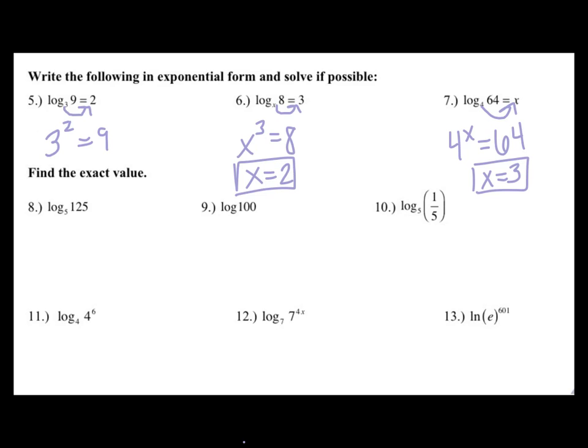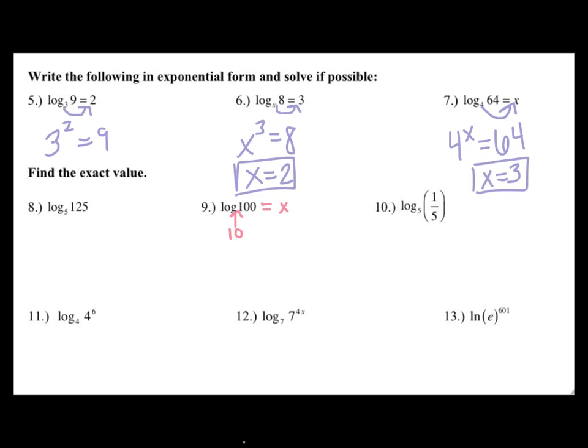So I'm going to try a couple of these with you guys. So let's look at number 9. Now number 9, remember, if we can't see it, that's a base of 10. So you don't have to, but I like to write this as equal to x because we're used to solving for something.